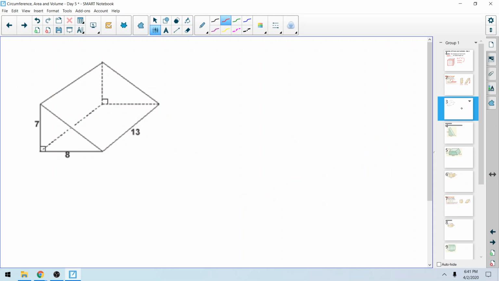Couple examples. Now, first of all, this is a prism, but it is a triangular prism. So we have to do the area of the base times the height. So I'm going to start with the area of the base. And then the question becomes, well, what's the base? If you're thinking this is the base because that's what it's sitting on, no, that's not the base.